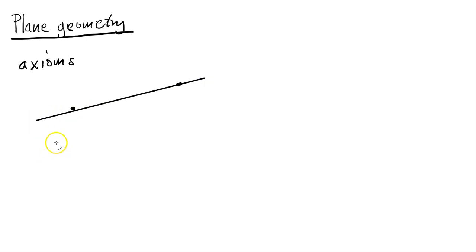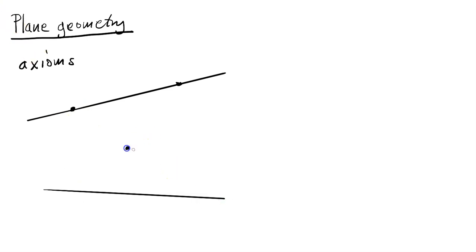It's a little bit hard to draw here, but what we actually mean now is an infinite line. So if you have 2 points, this axiom says that we have exactly one line going through these 2 points. And another axiom says that if we have a line and a point outside this line, there is exactly one line going through that point that will never cross the first line.